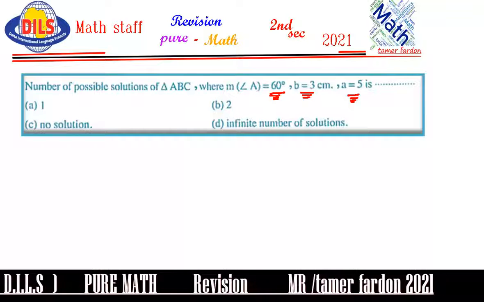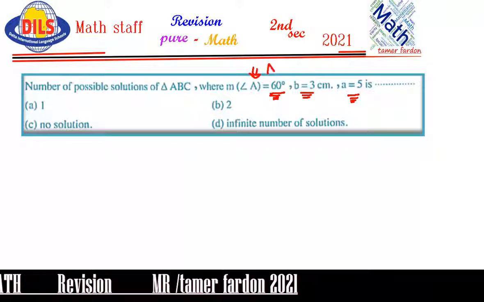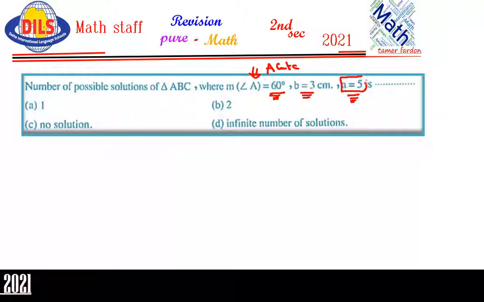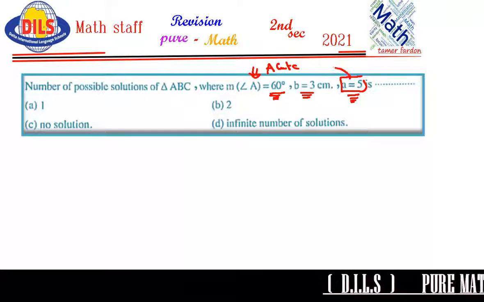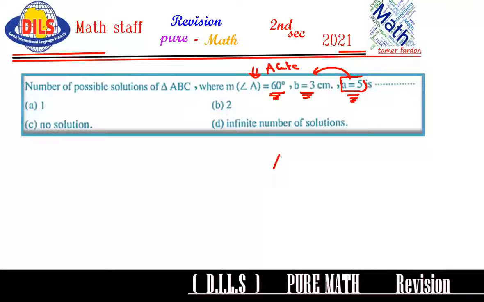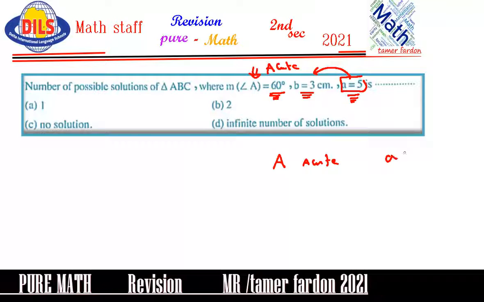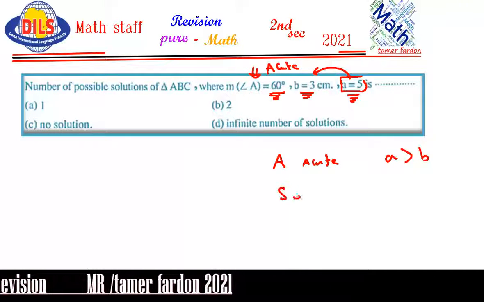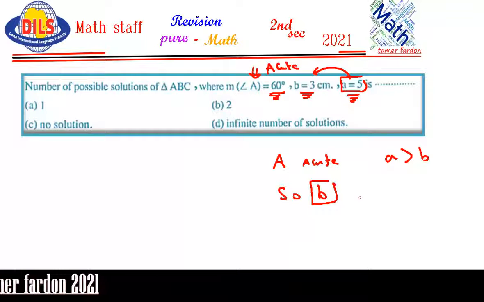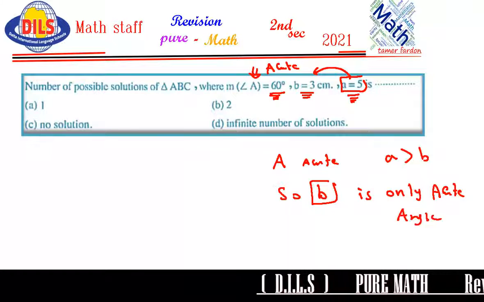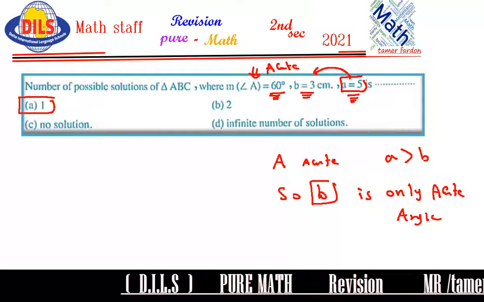Look at angle A. Angle A is an acute angle, but side a equals 5 centimeters, which is greater than b. A is acute, but a is greater than b, so B is only an acute angle. So the number of solutions is 1. We have one triangle.